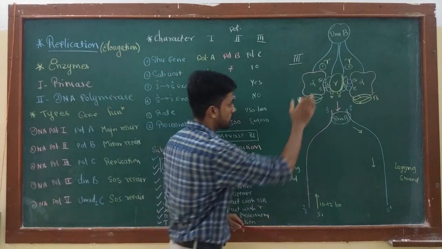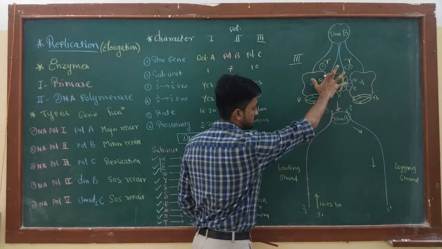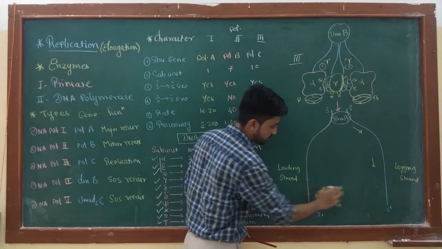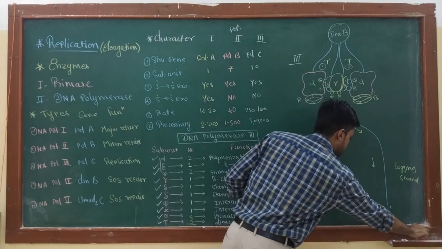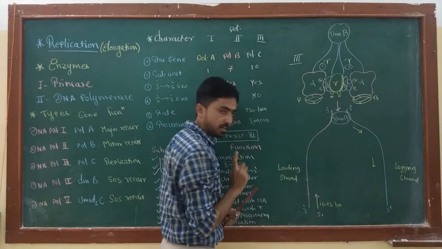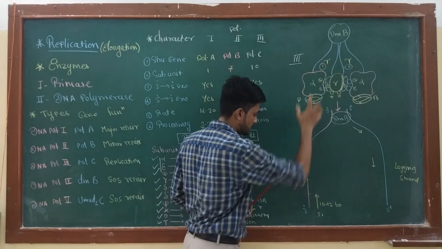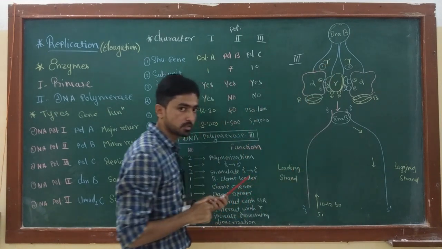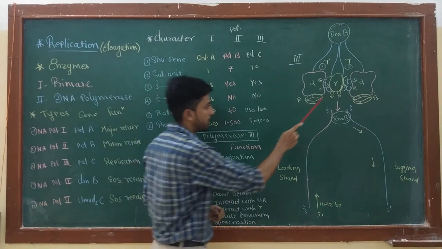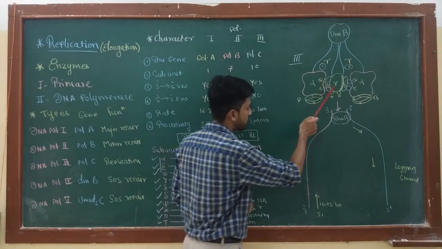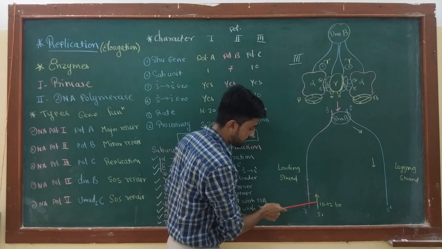Now I'm going to load this DNA polymerase 3 enzyme on the leading as well as on the lagging strand. Here you can see, at the time of loading this enzyme on both the strands, the first subunit which comes into the picture is gamma. The gamma subunit recognizes the primer.